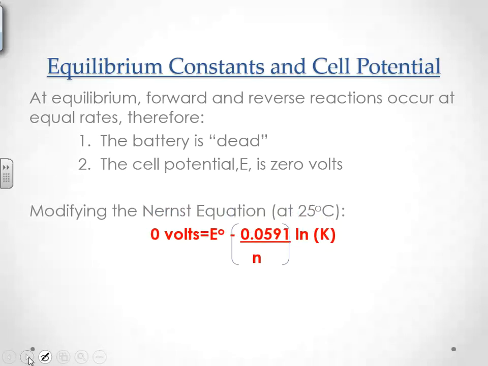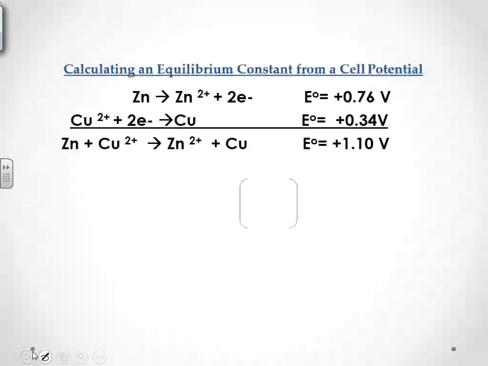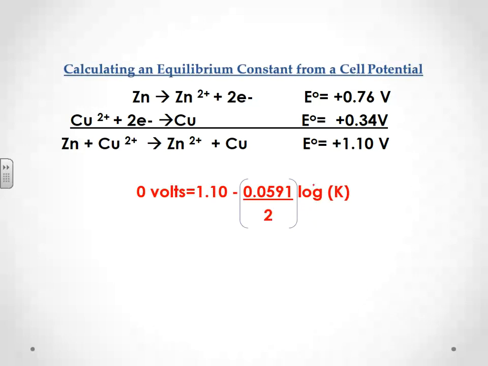If we modify the Nernst equation at 25 degrees Celsius and plug in 0 volts for our cell potential, assuming the battery is dead or has reached equilibrium, plugging into the Nernst equation and solving, the standard cell potential would have been 1.10 volts when the battery was working at standard conditions. 0 volts is when it is at equilibrium.